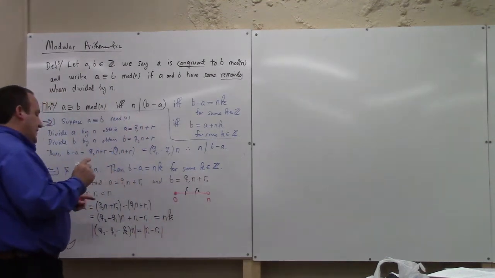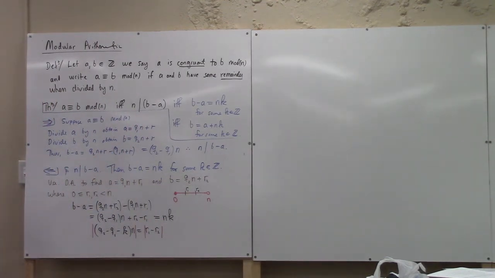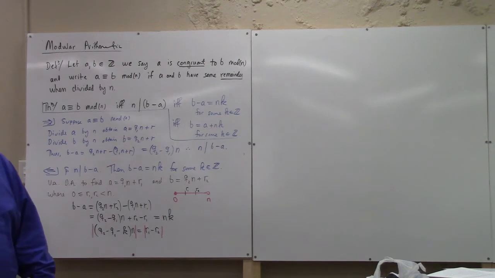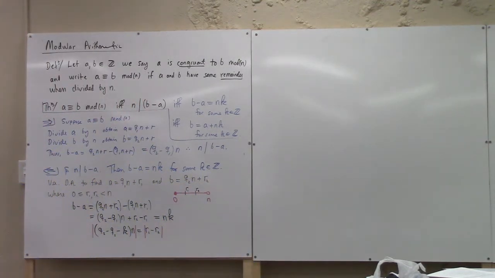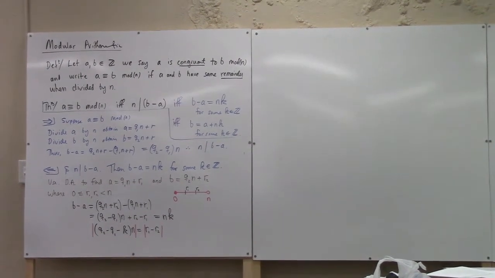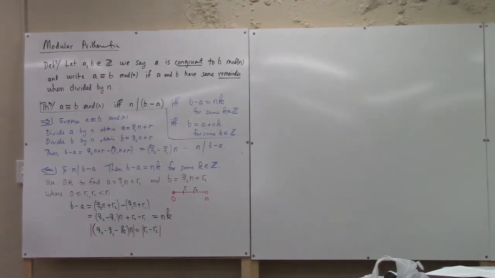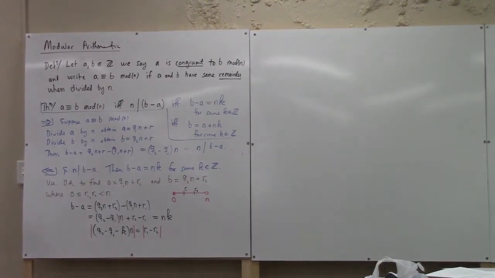And what is the absolute value of R2 minus R1? I taught this in Math 100. Yeah, I taught this in my intermediate algebra class. Indeed, the distance between R1 and R2.